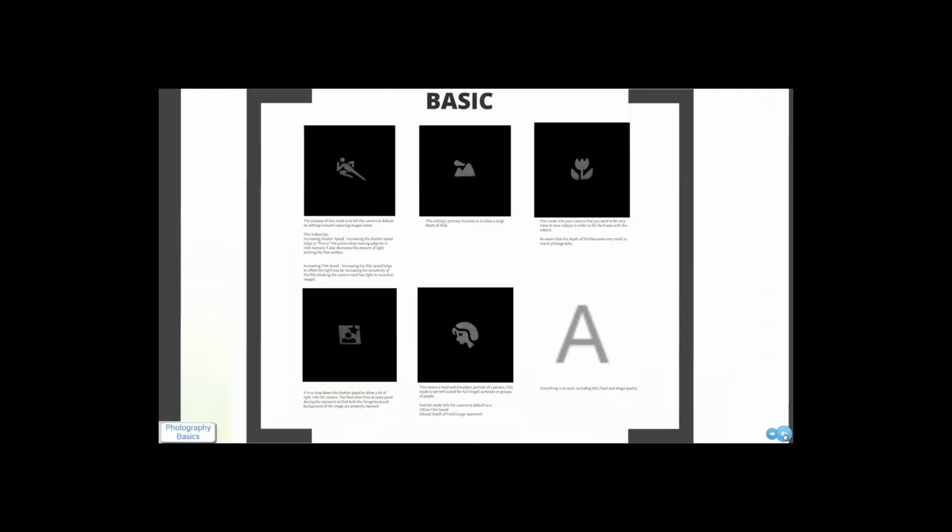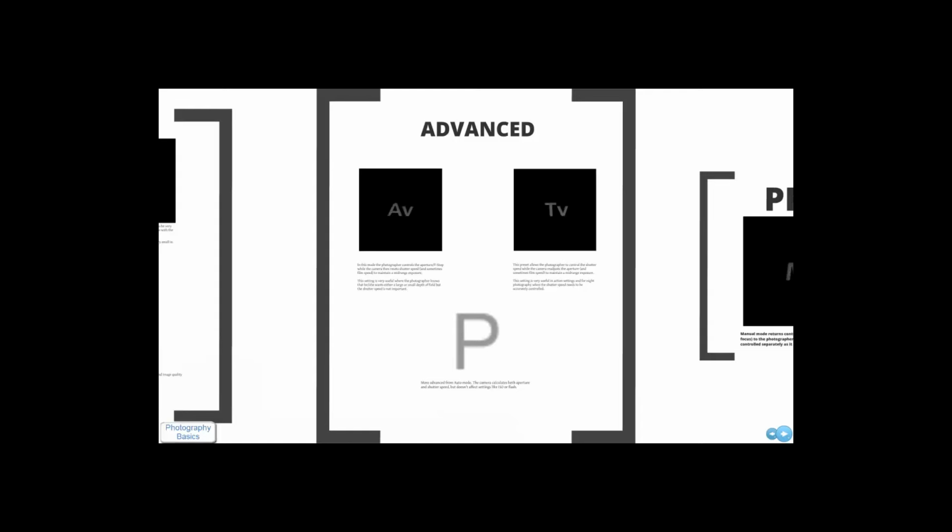Now let us move on to the advanced category, where we have only two settings, known as AV and TV. AV or A is aperture priority. You control the aperture and the camera calculates the shutter speed for the best exposure, whereas TV or S is shutter priority. You control the shutter speed and the camera calculates the aperture. The AV setting is very useful where the photographer knows that he wants either a large or small depth of field, but the shutter speed is not important.